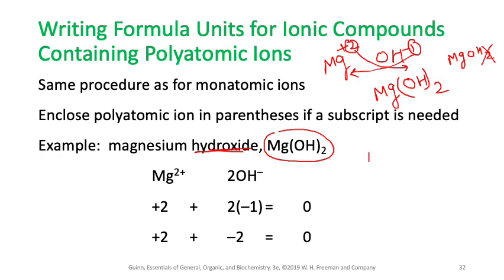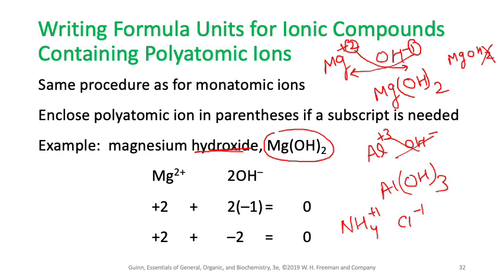If I say aluminum hydroxide, Al, then hydroxide, aluminum has +3, so just cross multiply: Al1 and then OH in parenthesis 3. Aluminum hydroxide. This is how you normally make a formula for any ionic compound that contains a polyatomic ion. For example, one more: ammonium is a +1 charge, a cation polyatomic ion, and chlorine is -1.